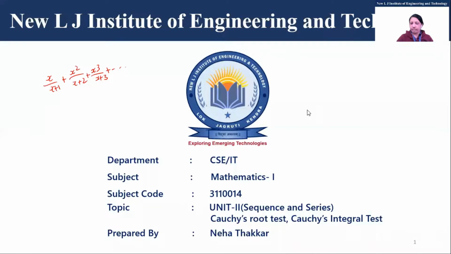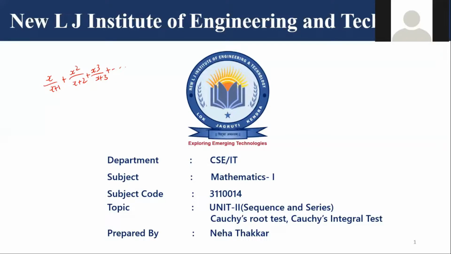Atharva, what is the answer for that? Ma'am, it is divergent. That means it depends upon the value of x, right? It's not that it's simply divergent, it depends upon the value of x.